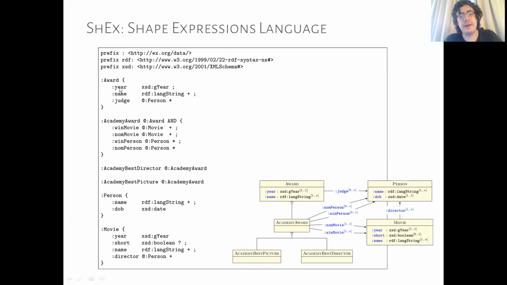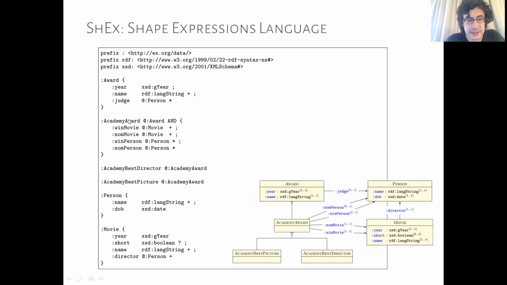So we have a year, must have the data type gYear. The default cardinality in this case is precisely 1, so we don't define anything more. We say that it must be 1 or more names, so from language strings. So we use plus to indicate 1 or more. We use star to indicate 0 or more, and here we say that judge must satisfy this shape. So this is a reference to the shape person, which is defined here.